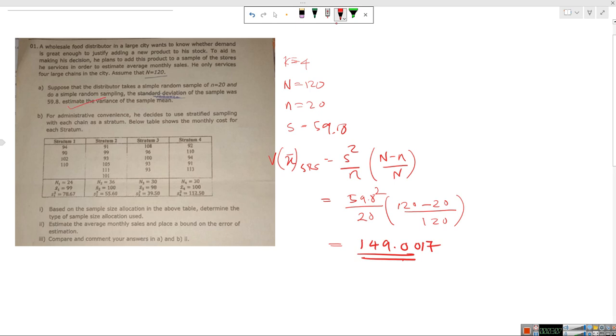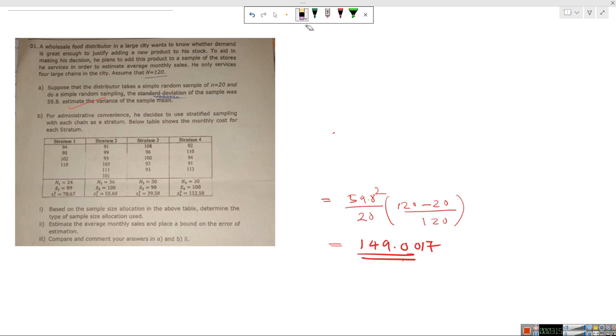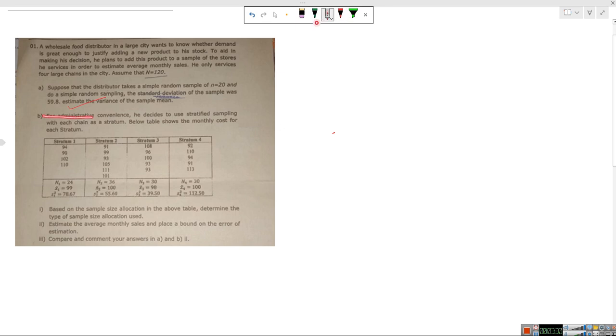We have done the first part. Now we will move to the second part. If you read the question, they are telling us that for administrative convenience he decided to use stratified sampling.